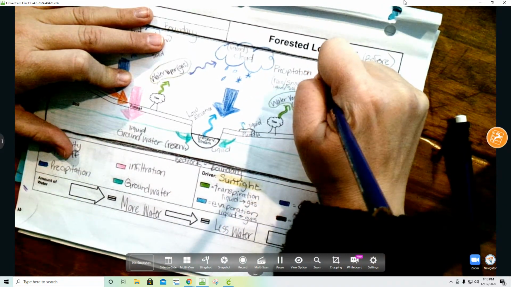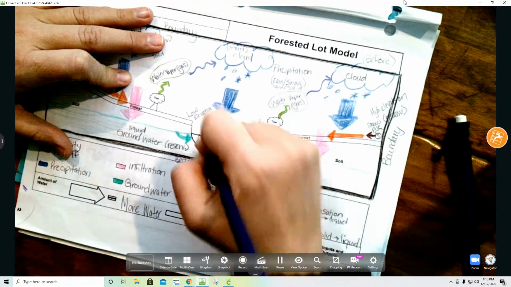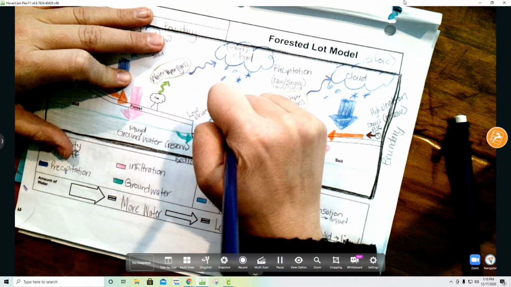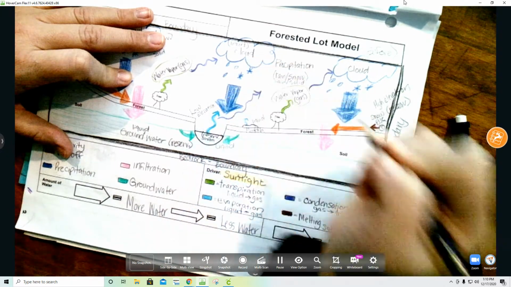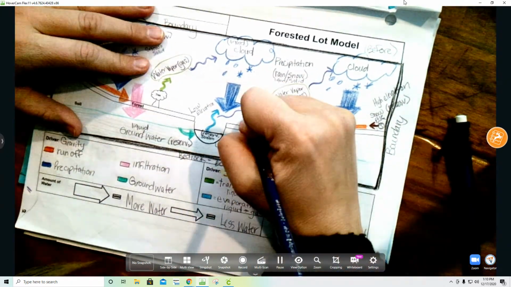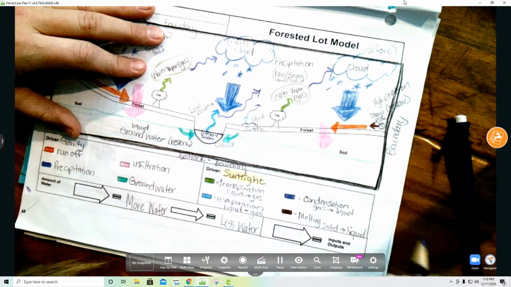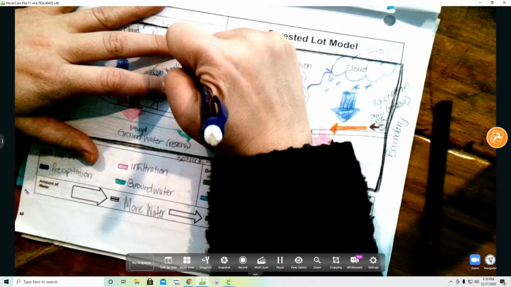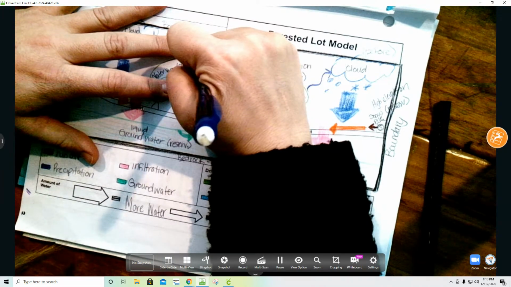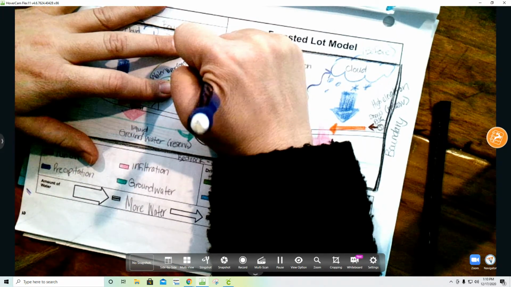This is happening from transpiration. This is also happening from evaporation. Okay. All right. So, and to represent this, I'm going to just remind myself that they form clouds.